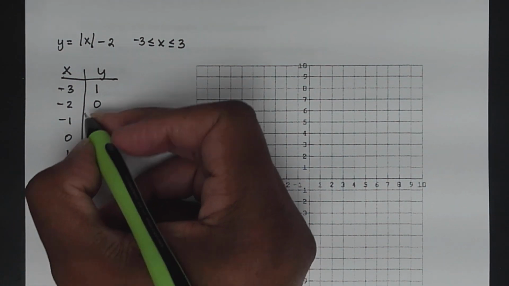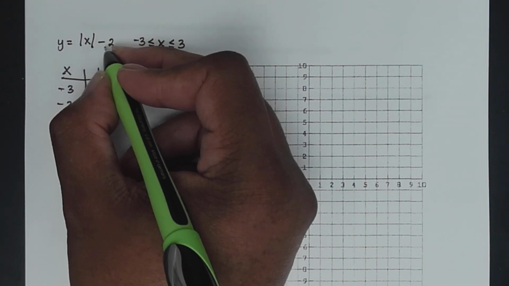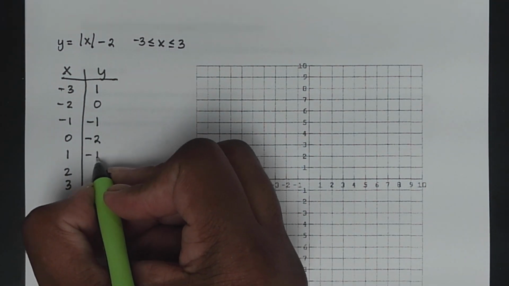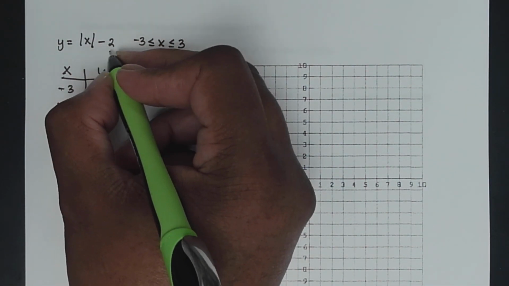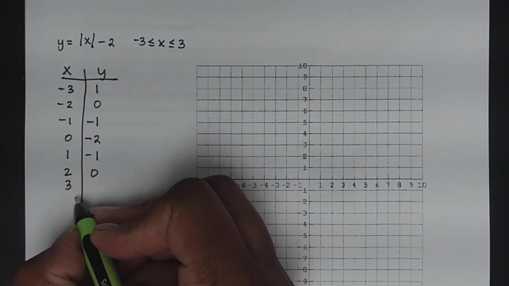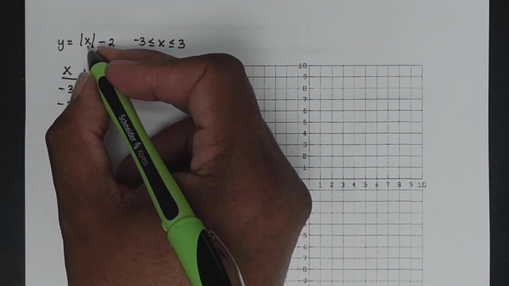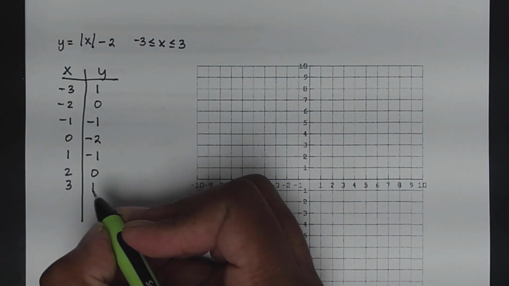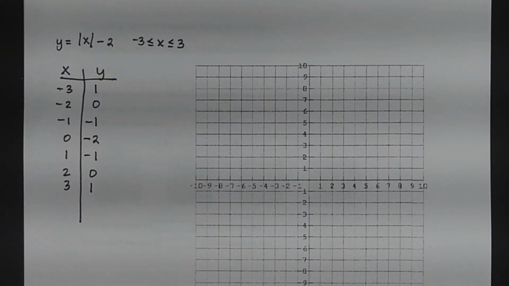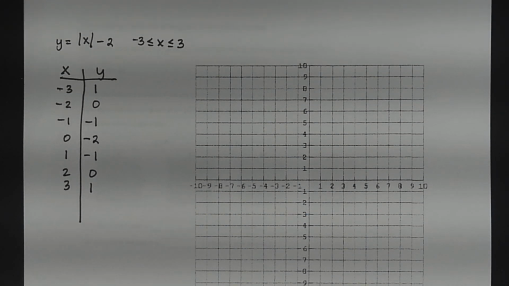And then for x equals 1, absolute value of 1 is 1 minus 2 is negative 1. For 2, absolute value of 2 is 2. 2 minus 2 is 0. And finally, absolute value of 3 when x is equal to 3 will be 3. 3 minus 2 is 1. So these are my points that I would use to make the graph of that absolute value function.